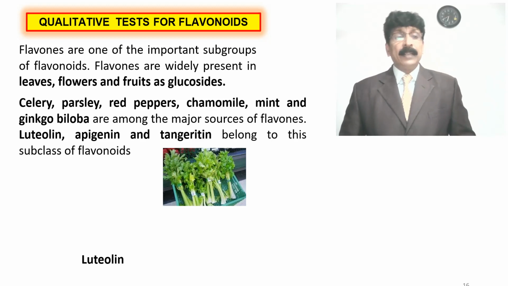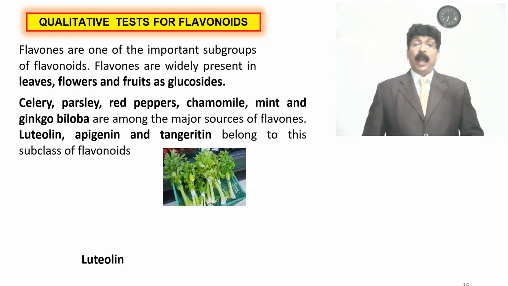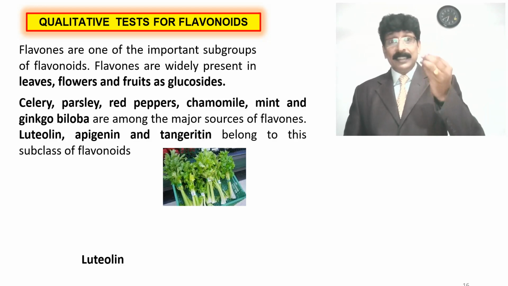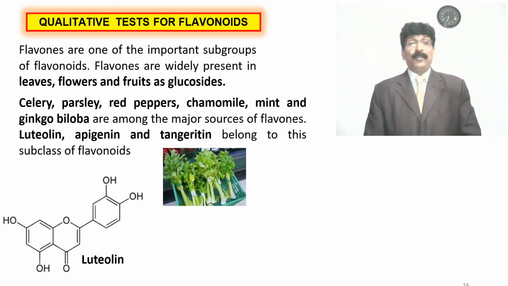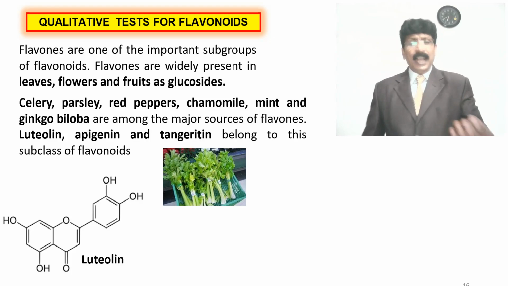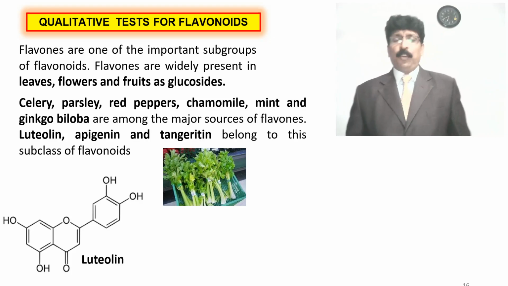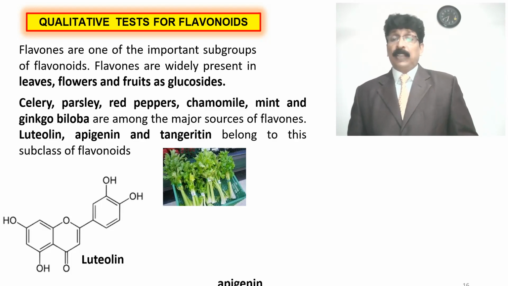Like luteolin, apigenin, and tangeritin, belonging to the subclasses of flavonoids. Luteolin, as we discussed, has phenolic groups in an aromatic system with a lactone ring.